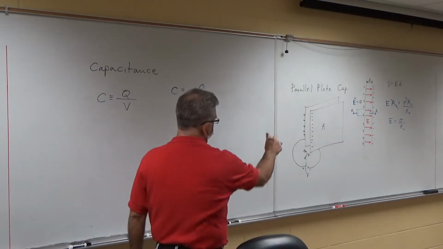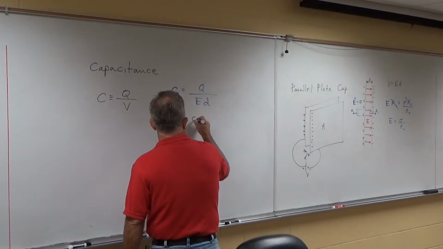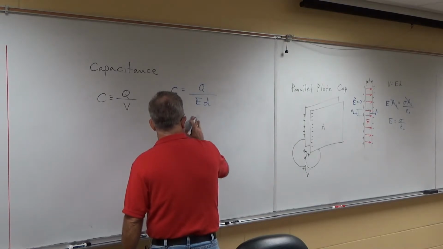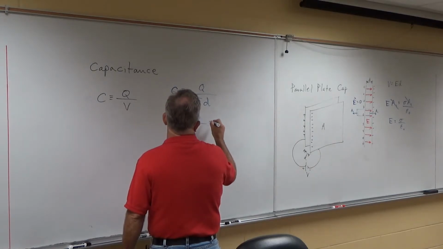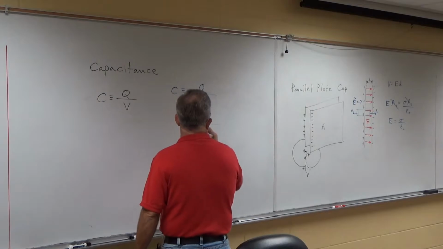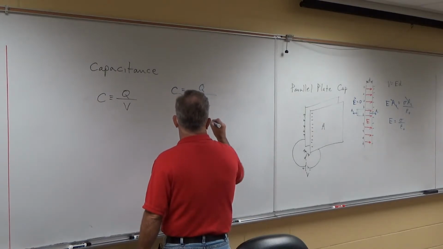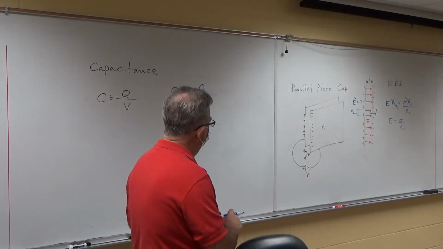But E is equal to sigma over epsilon naught. So you get Q, I keep wanting to write sigma everywhere. Q, sigma over epsilon naught, then you get a sigma down here and a little d. Did I do that right? Yeah.